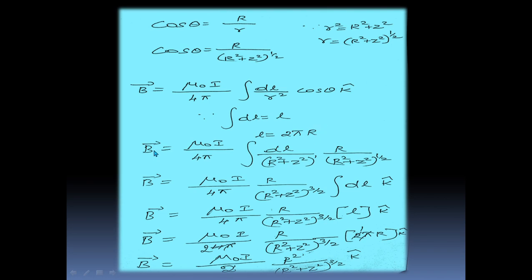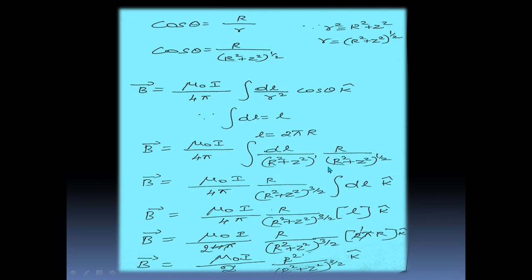Now the next step is B vector is equal to mu naught I divided by 4 pi integration of dl divided by, what is the value of r square? R square is nothing but r square plus z square, into, what is the value of cos theta? Cos theta is nothing but r divided by r square plus z square the whole power 1 by 2.